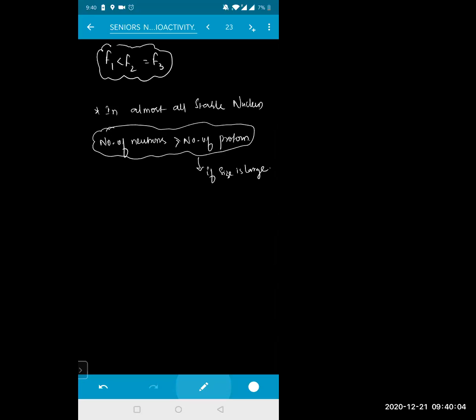And very heavy nuclei are unstable. That is the reason they undergo the process of radioactivity.